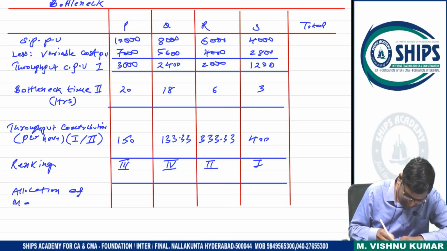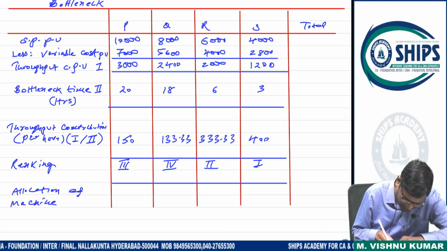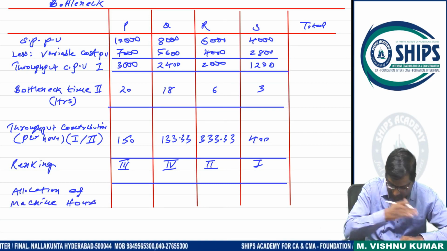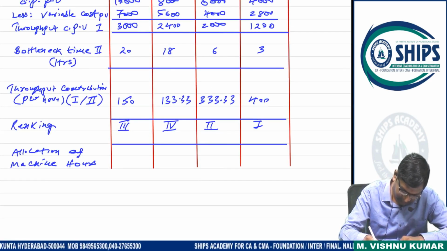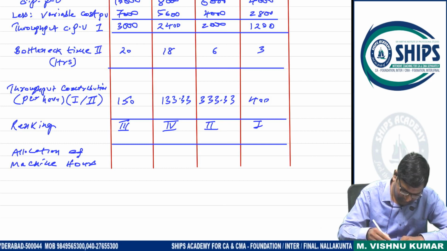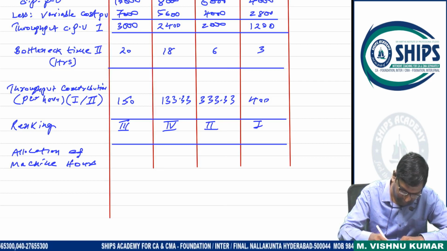That is your choice. I am doing it in this table only. So, allocation of machine hours. First, which product is produced? S. S must be produced.